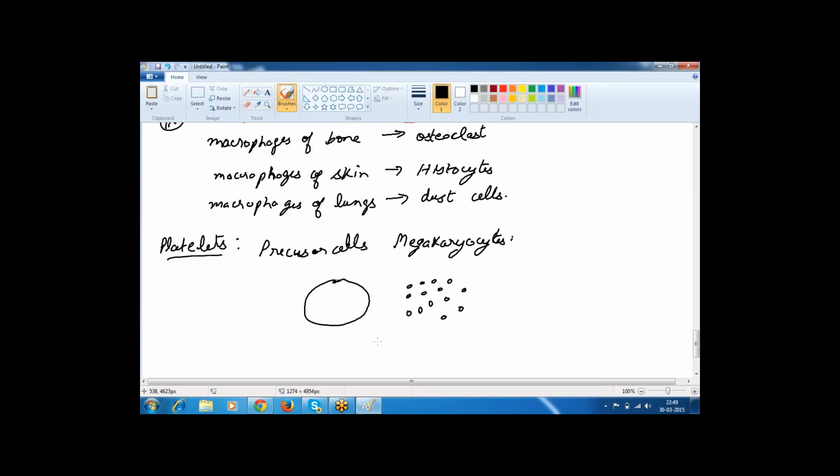These are very small. Their count is about 1.5 to 4 lakhs, which is also called 150,000 to 400,000 per millimeter cube.